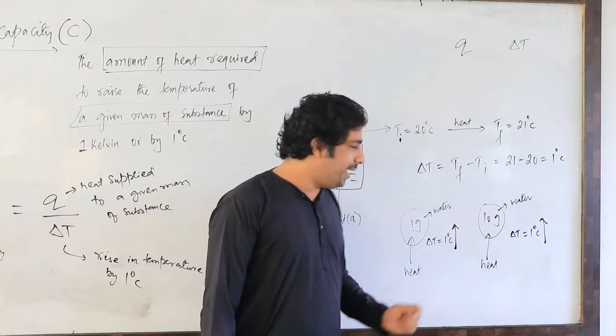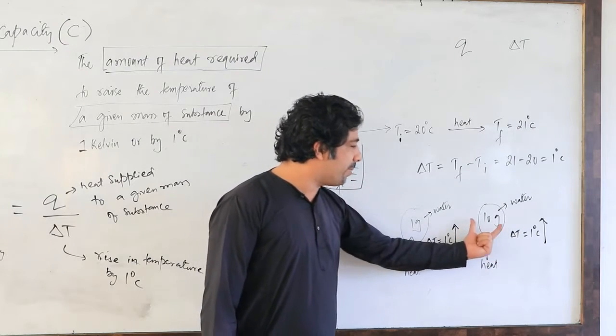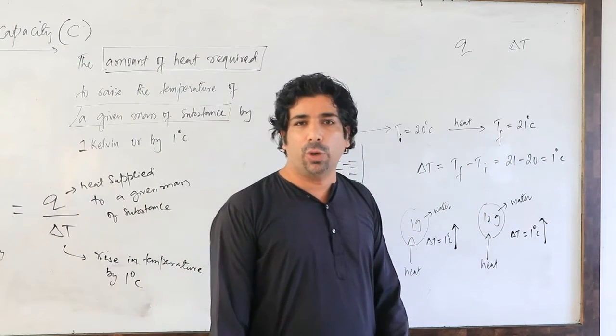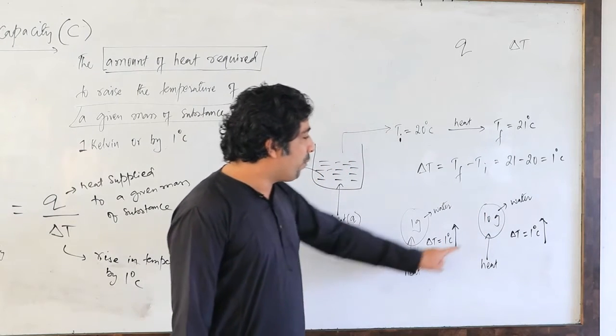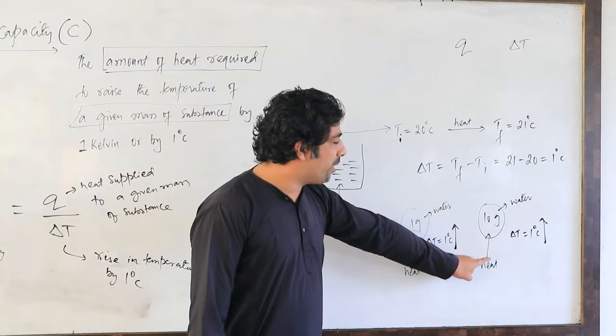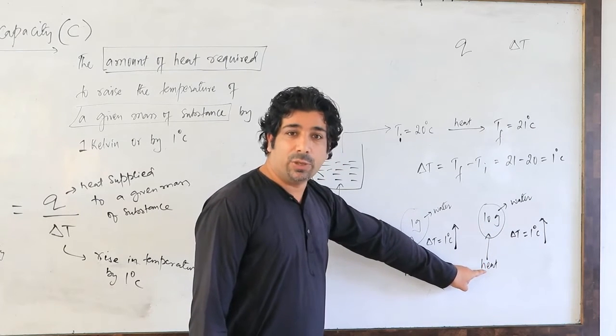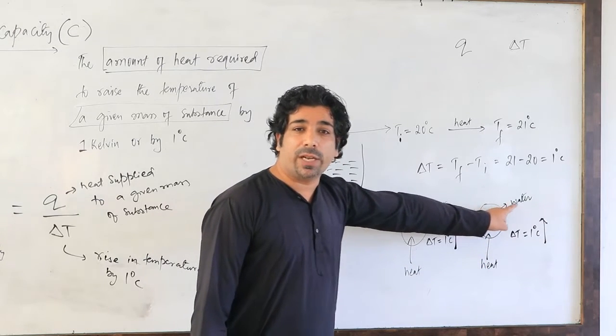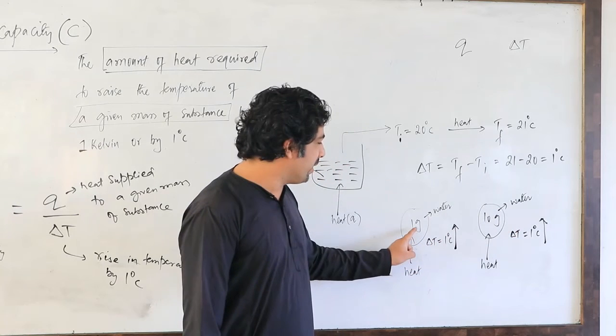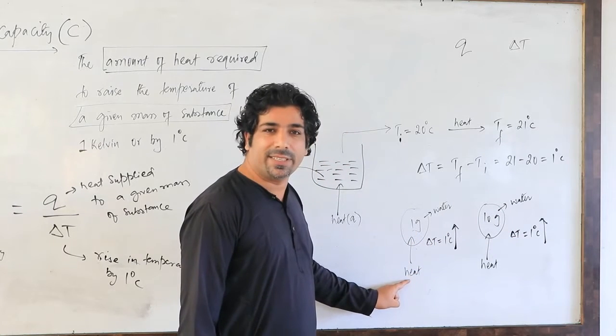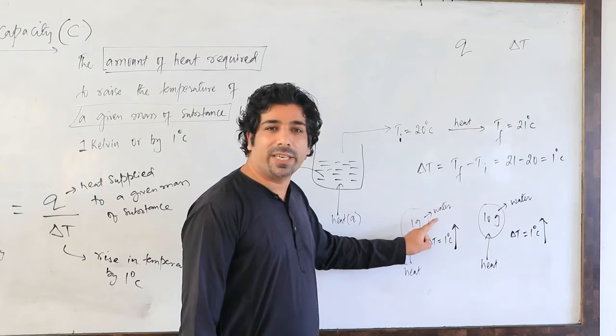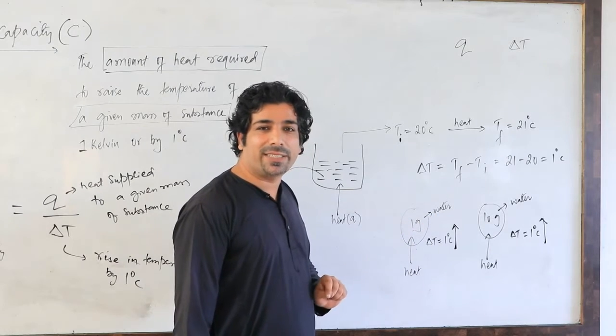But do you think the heat capacity of 1 gram and heat capacity of 10 gram will be same? No. The point here is that for 10 gram of substance you require more heat. Yes or no? To increase the temperature by 1 degree Celsius. And for 1 gram you require less heat to increase its temperature by 1 degree Celsius. What is the meaning of that?